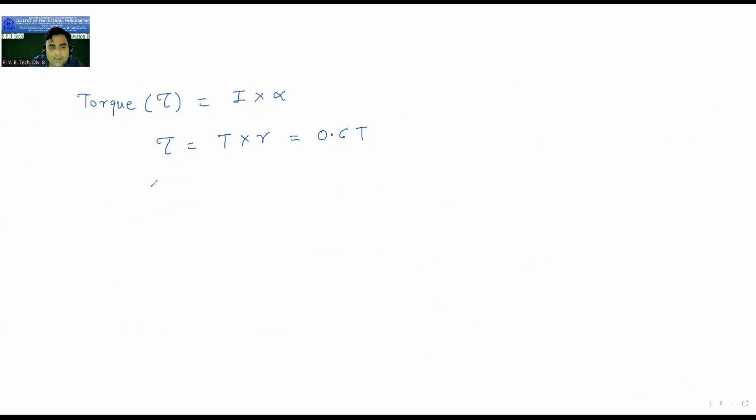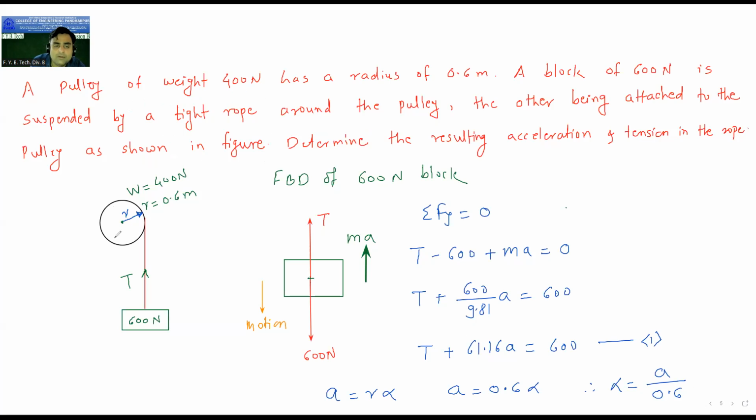Now I is the mass moment of inertia. The pulley has very little thickness, normally the thickness of a pulley is very less. So we can consider this pulley as a disc.